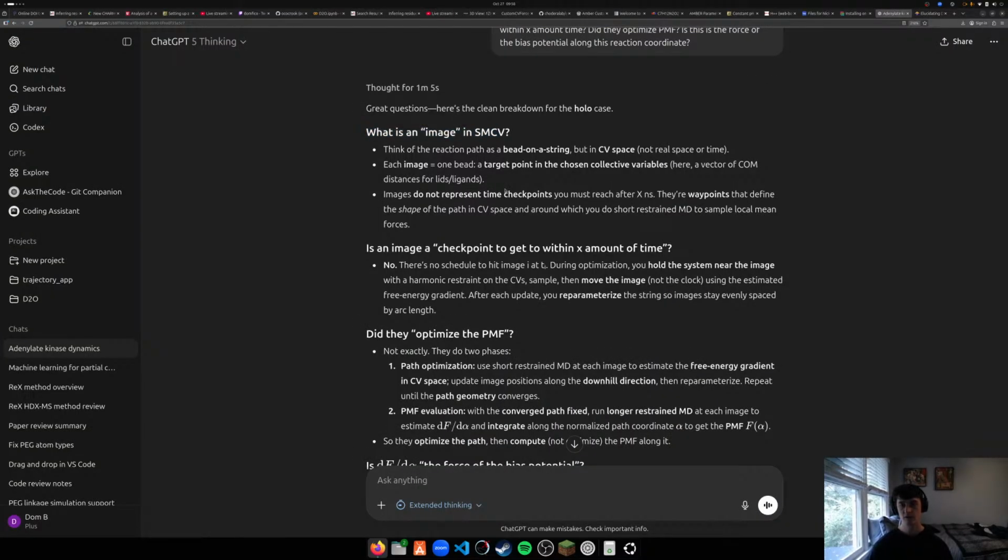What is an image? Think of a reaction path as beads along a string, but in CV space, not real space or time. Each image is one bead, a target point in the chosen collective variable, here the vector of COM distances for ligands. Images do not represent time checkpoints. You don't have to reach them after X nanoseconds. They're waypoints that define the shape of the path in CV space, around which you do short restrained MD to sample local mean forces.